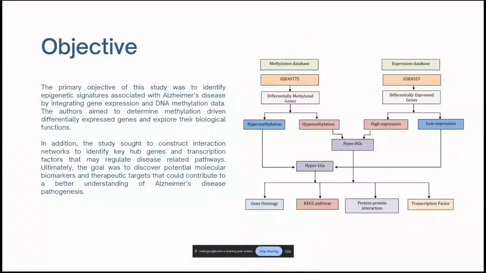A large absolute t-value, positive or negative, means the difference between groups is large and the signal is strong relative to the noise. A small t-value means the difference is small and the result may be due to random variation. So this t-value is calculated in a t-test, which compares the means of two groups, disease versus control.